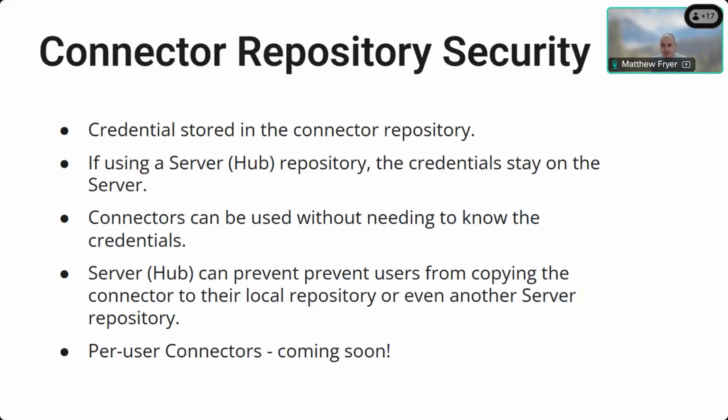It also means if I need to rotate those usernames and passwords for IT policies, say every month or every couple of months, then I only have to go to the one connector and change the password there, and then it's updated and everybody will see it and use it without even necessarily knowing it's happened.